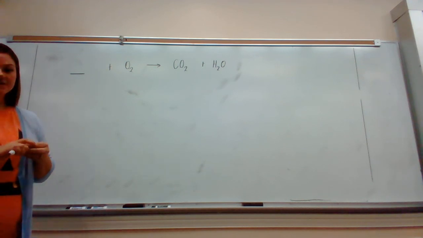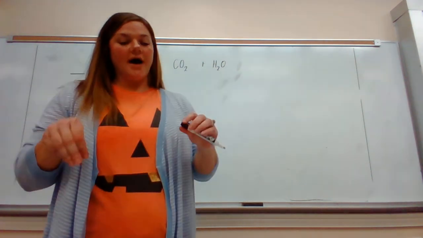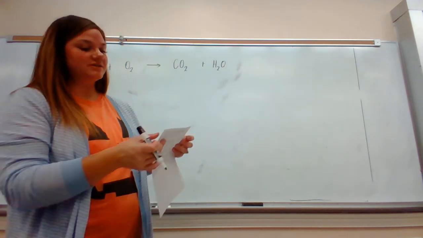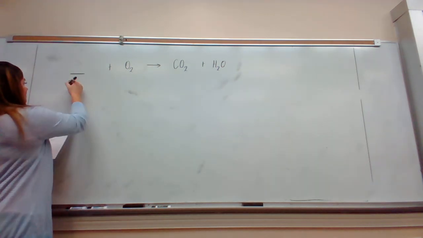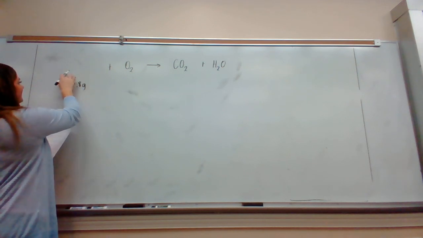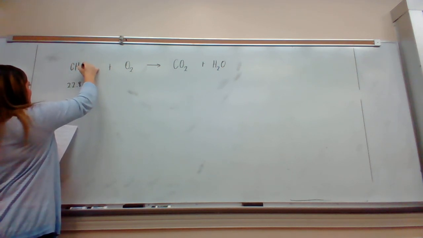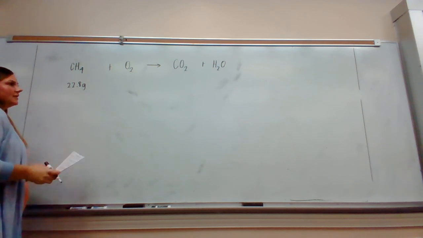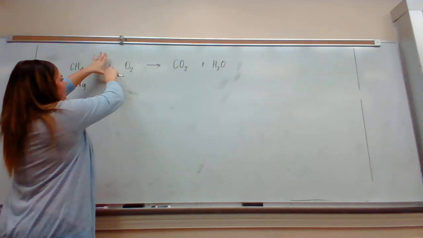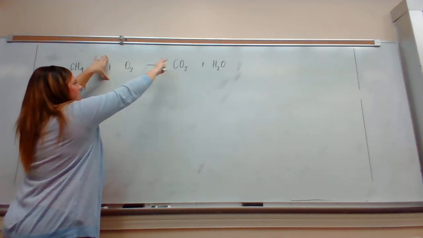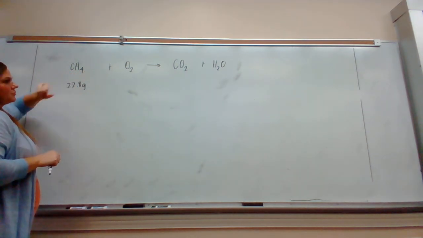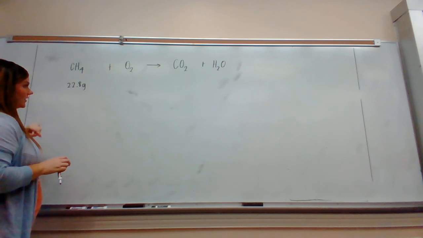In this example, it says how many grams of oxygen are necessary to completely react with 22.8 grams of methane, and it tells you that that is CH4 in a combustion reaction. So I know that when it says combustion reaction, this is what that means. I just had to plug in this part. But this equation's not balanced.